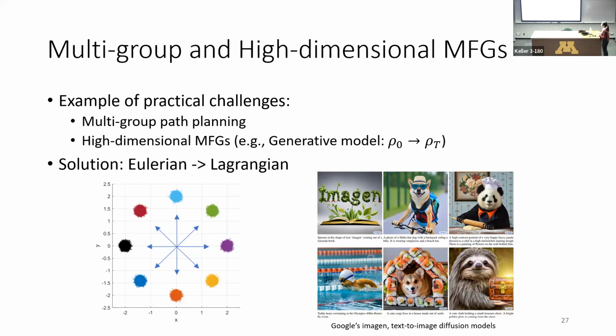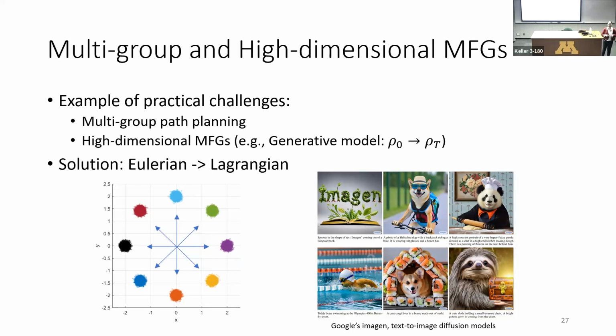Not only in high-dimensional space, even in low-dimensional space, if you have multi-group densities, that will increase the dimension of the variables in your optimization problem. And in high-dimensional space, for example, if you want to do a generative model for images, the dimension can be very high. How do we solve this?